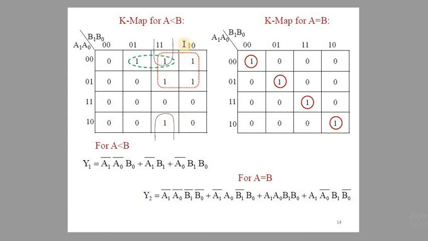Write down the 1s, then make the groupings: grouping of single bits, grouping of two adjacent bits, grouping of 4 bits where possible.